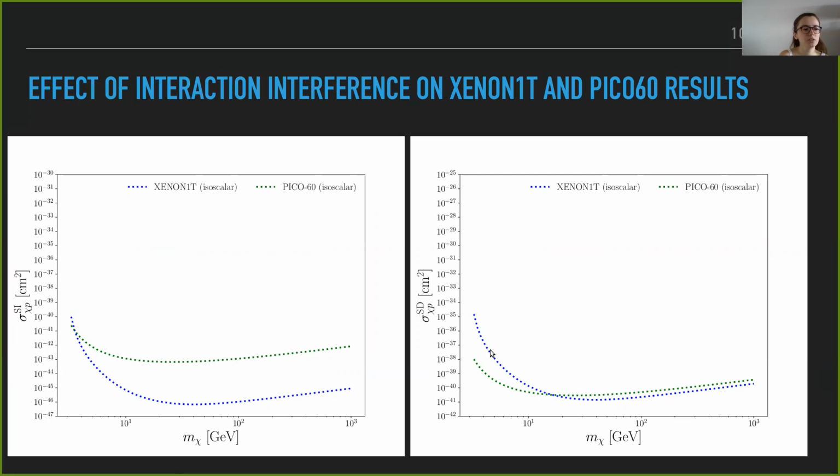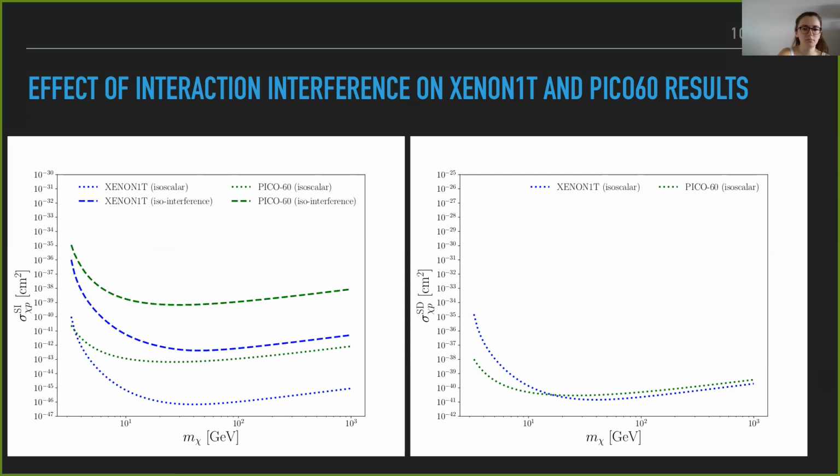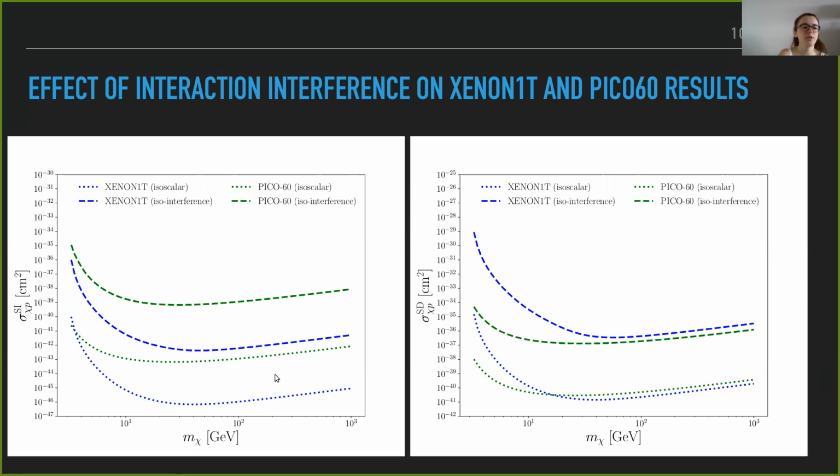If we now drop the assumption that Cp is equal to Cn, or in other words, if there can be interference among Cp and Cn, the limits get relaxed, as one can see very well here, by roughly 4 orders of magnitude, and similar for the spin-dependent cross-section.